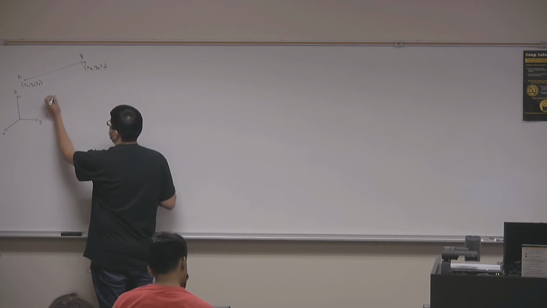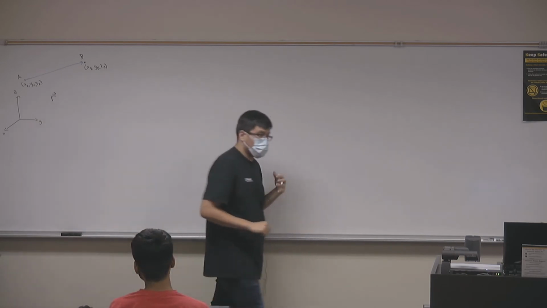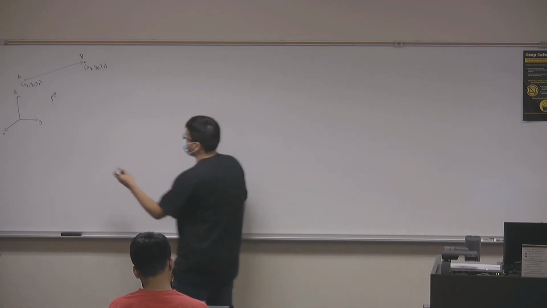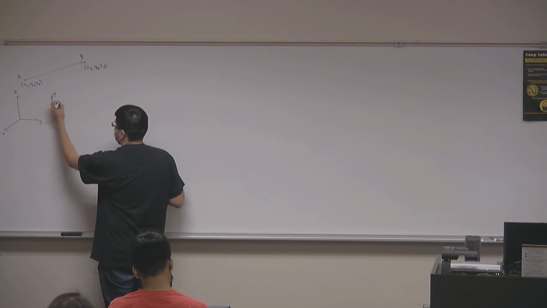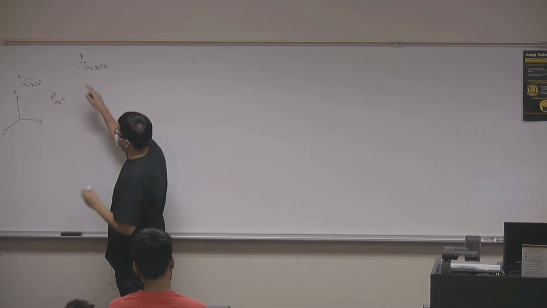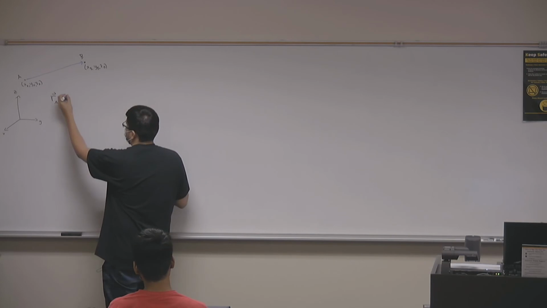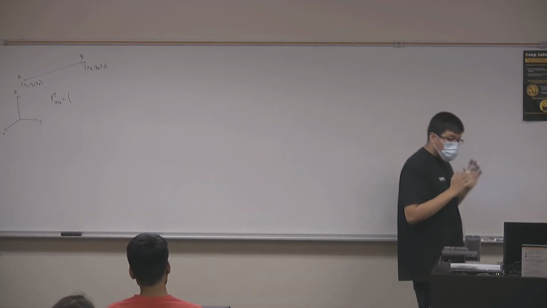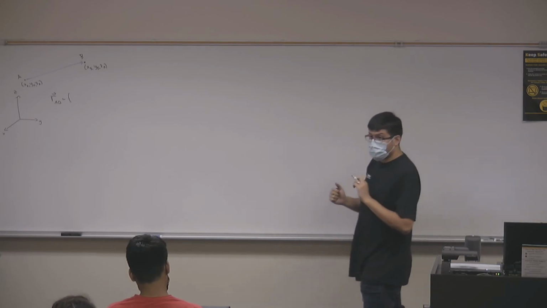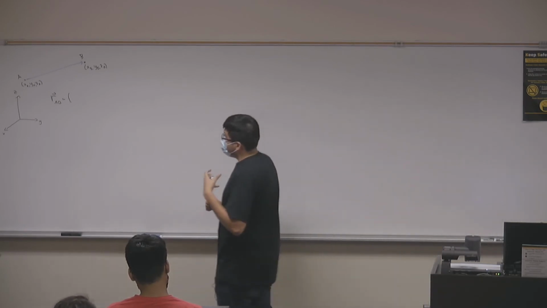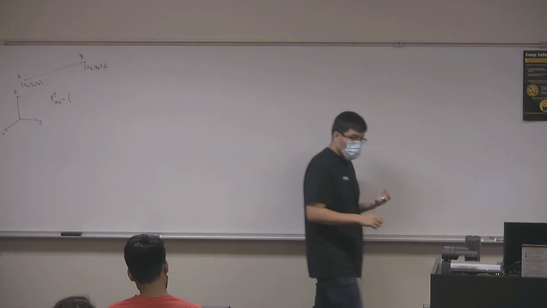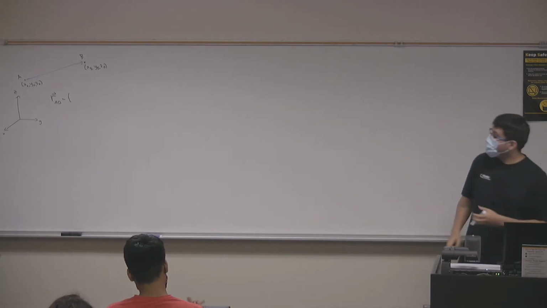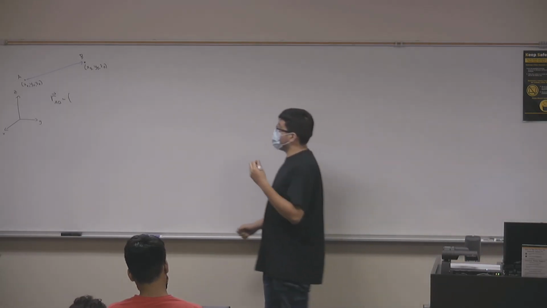The position vector, which we usually represent with the letter R, from A to B starts at A and ends at B. So to calculate that position vector, I want the difference in my x coordinate between A and B, the difference in my y coordinate, and the difference in my z coordinate.